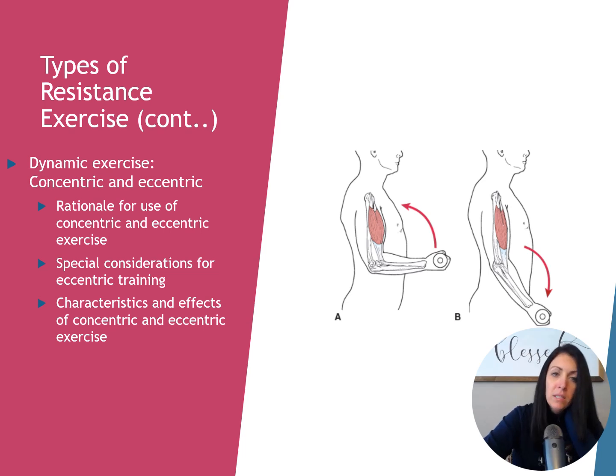So note a maximum concentric contraction will produce less force than a maximum eccentric contraction under the same conditions. And with a concentric contraction, there's a greater number of motor units that must be recruited to control the same load compared with an eccentric contraction.